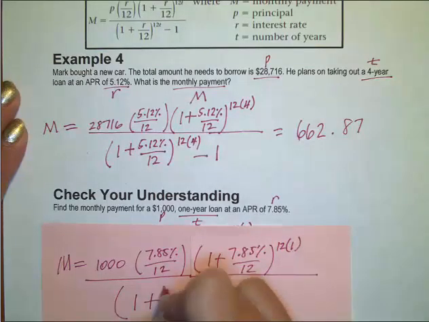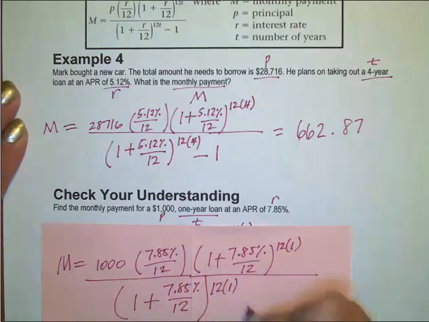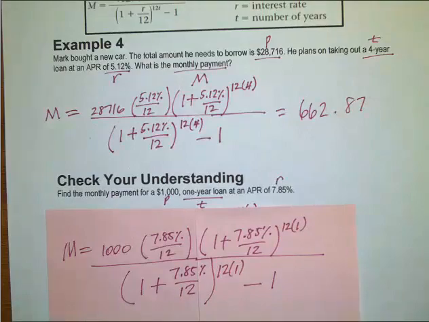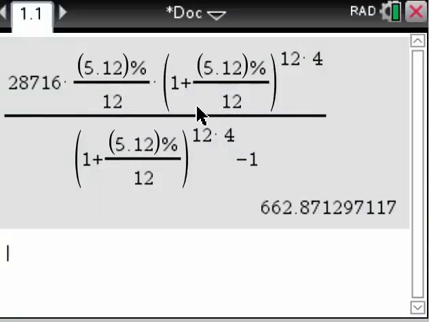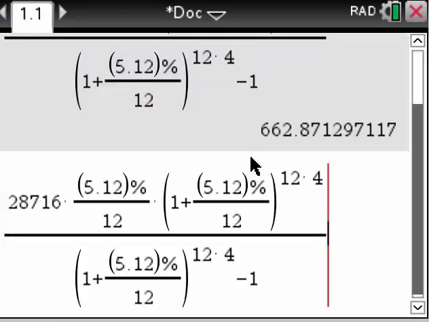On the bottom, we have 1 plus 7.85% over 12, raised to the 12 times 1, get out, minus 1. This is going to give our monthly payment. So let's go find it using our calculator, and this is really cool. So if you don't want to retype all of this, you just want to change the parts, you go up, you make it blue, you hit enter, it pastes it.